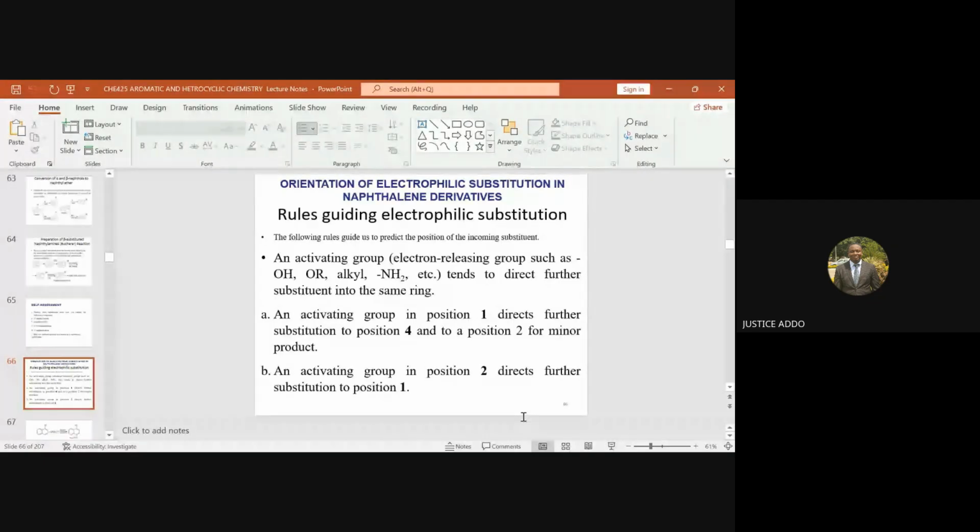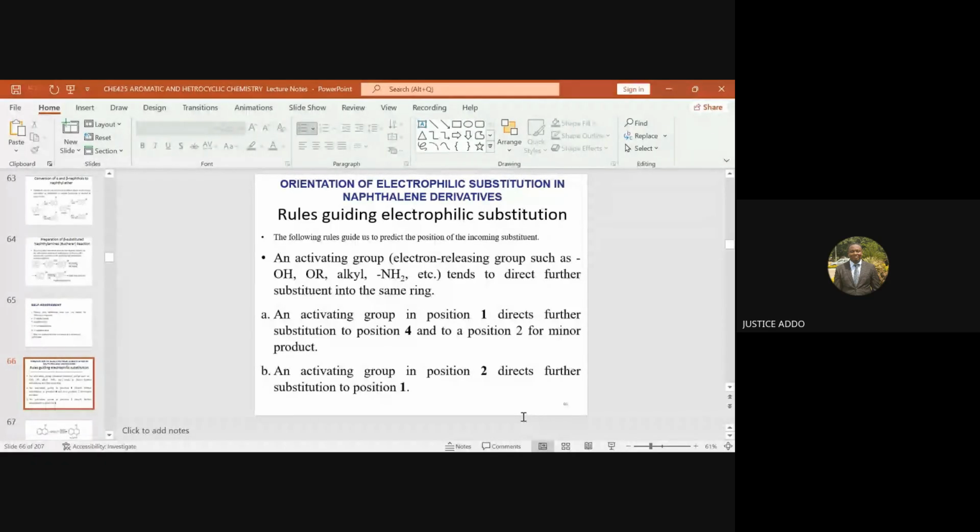And aside from carbon 1, the alpha carbon, the next site is the beta carbon, or carbon 2.